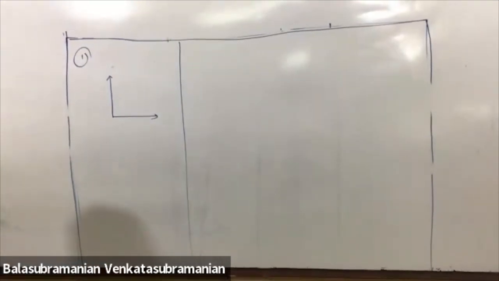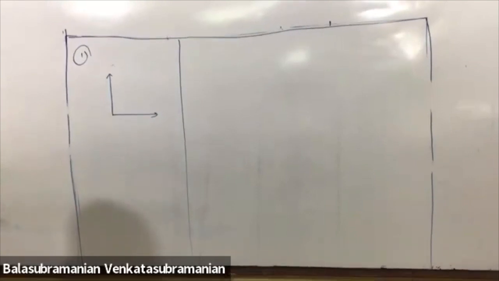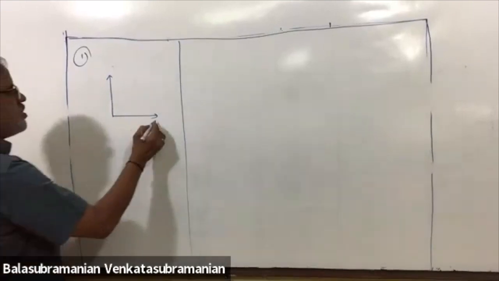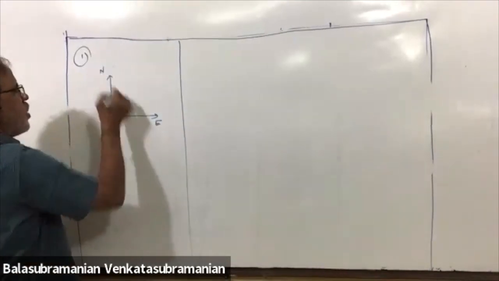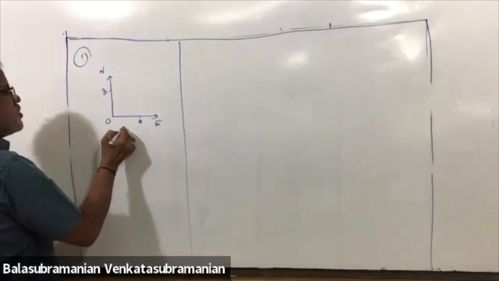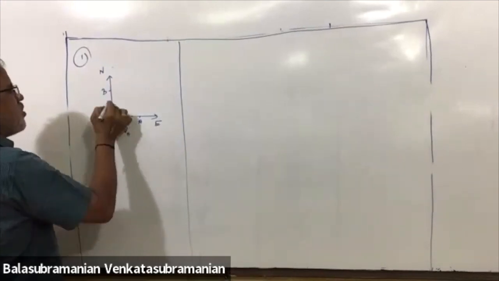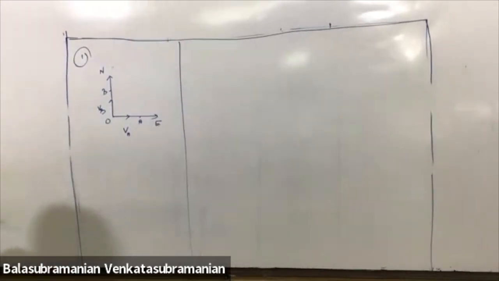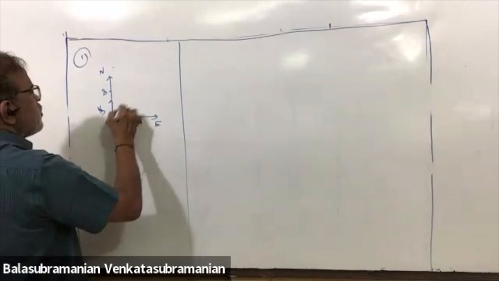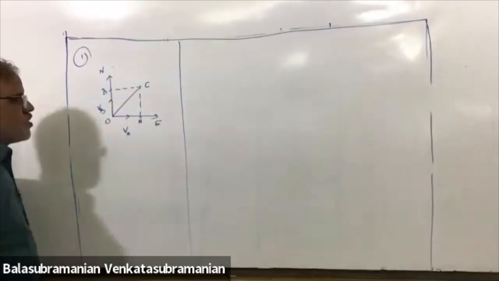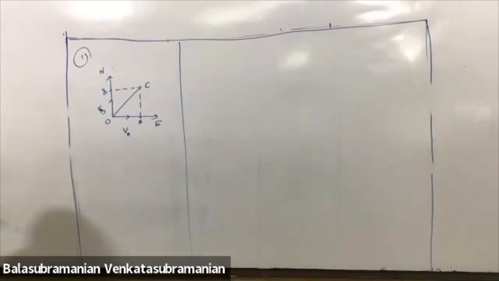Body is given simultaneously 30 meter per second due east. This is east, this is north. A, B, this is O. VA, VB. Resultant will be OC. Angle between them is theta.